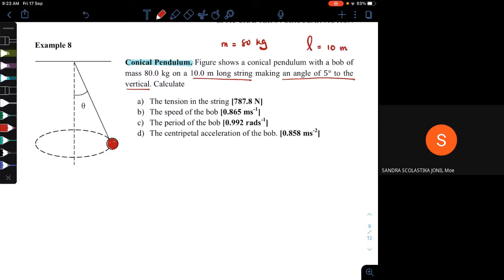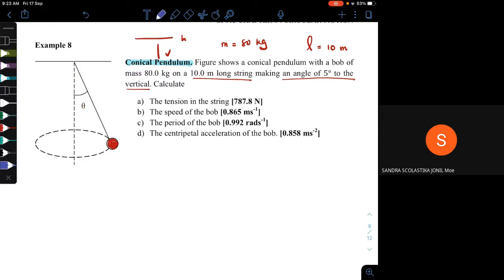So kita cakap the length of the string is 10 meter. Okay. And then dia cakap making an angle 5 degree to the vertical. Vertical adalah macam tu. This is horizontal kan. This is vertical. So making 5 degree, so angle dia kat sini lah. Okay, and then selalunya dia akan tunjuk lah angle tu kat mana.